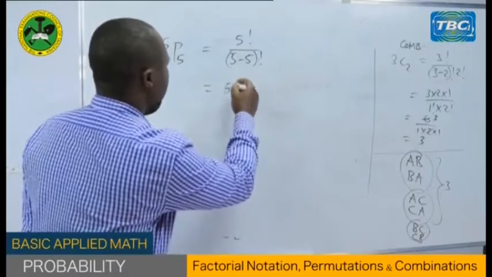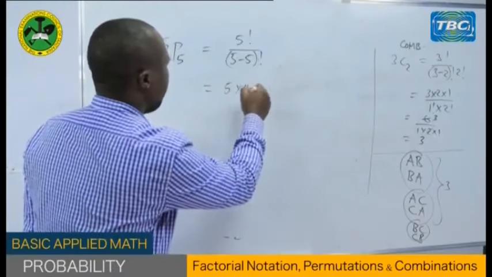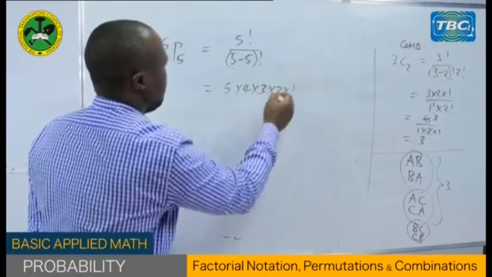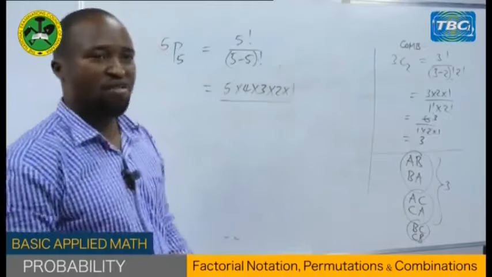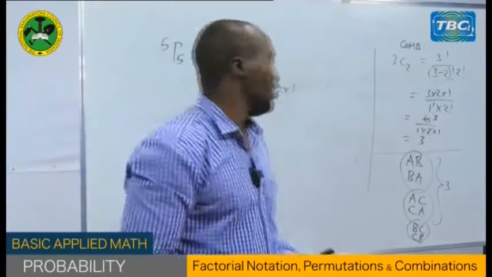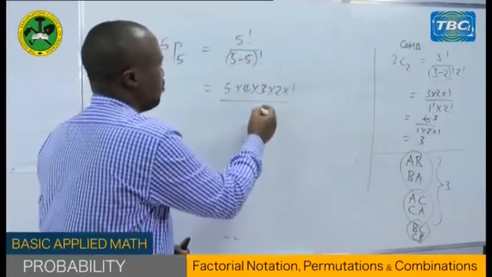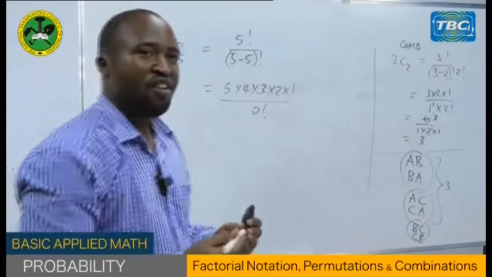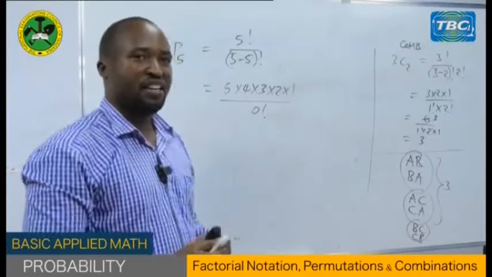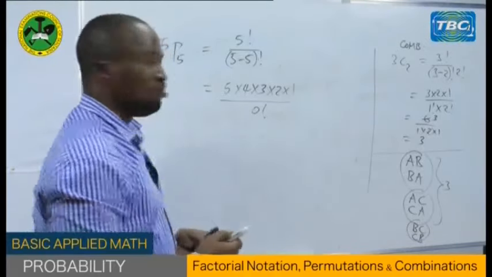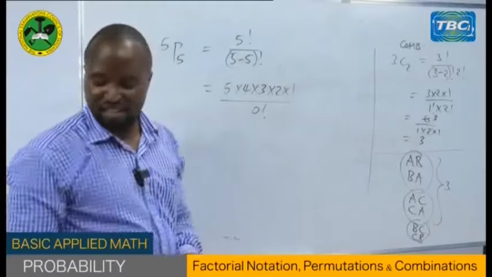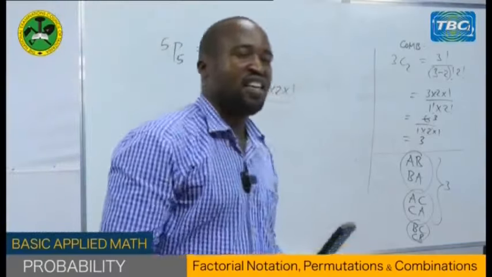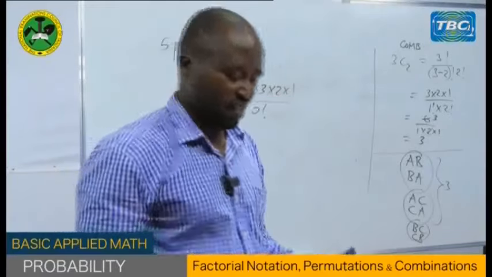This is equal to 5 times 4 times 3 times 2 times 1 over, then we have 5 minus 5, which is equal to 0 factorial. Now, for the numerator, you can use your scientific calculator to get the answer. I'm sure most of you who are taking basic applied mathematics have a scientific calculator.